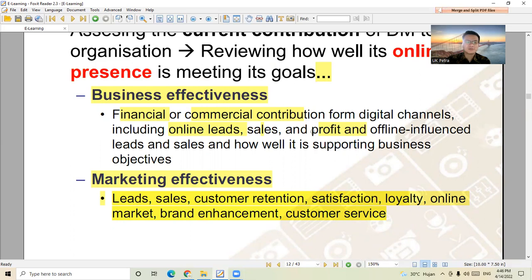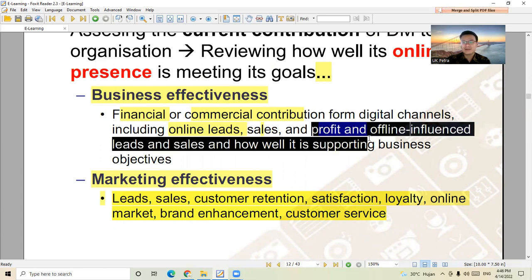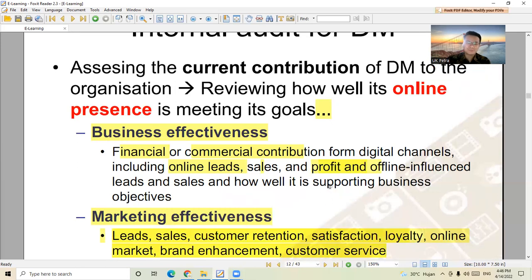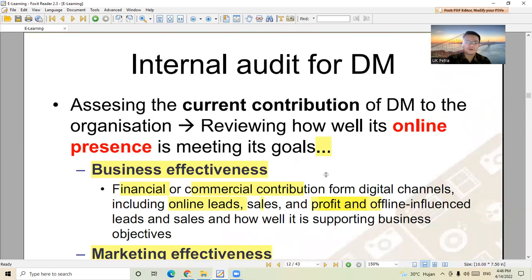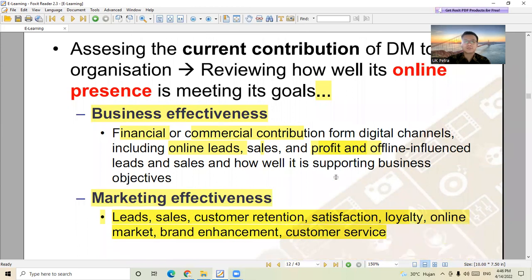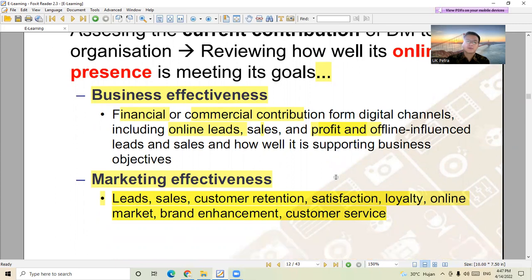It's mostly about the money, right? So this is the business effectiveness part, just for your reference. In order to make digital marketing in a company run successfully, the company should care about the internal audit. They have to really check whether digital marketing can make a great contribution to the company or not.